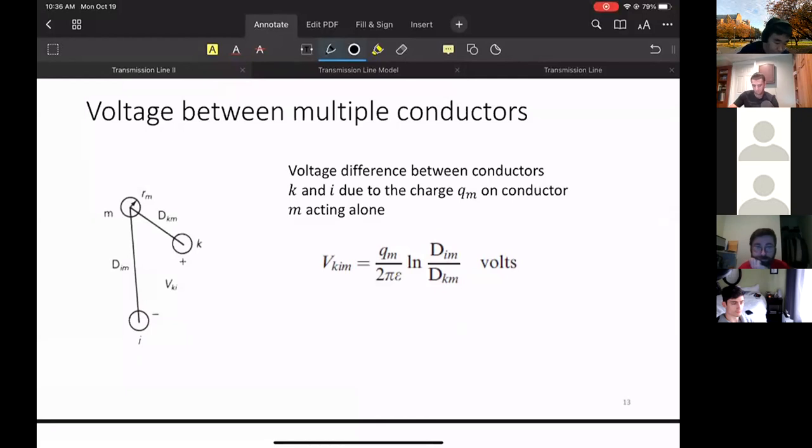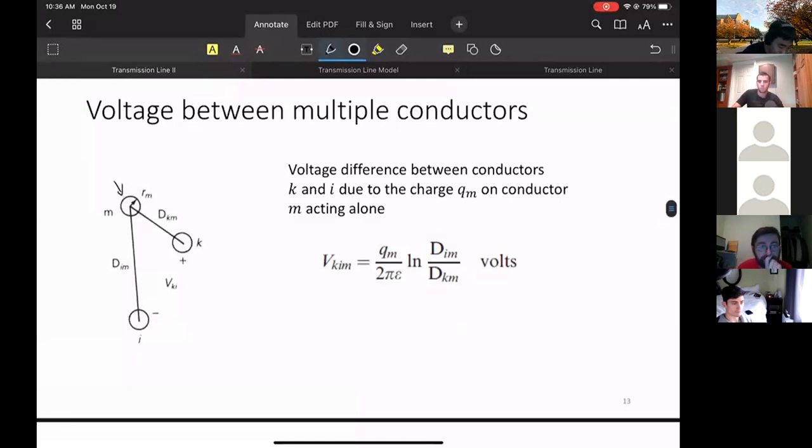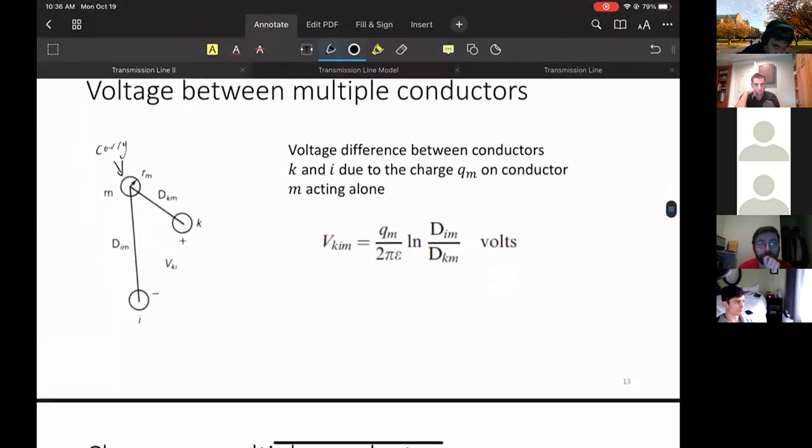Here is the following picture. This conductor is carrying charge Qm.